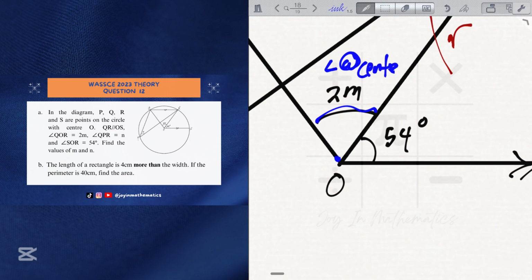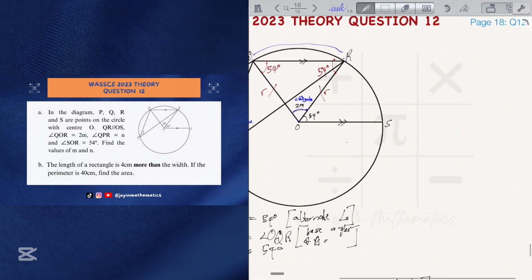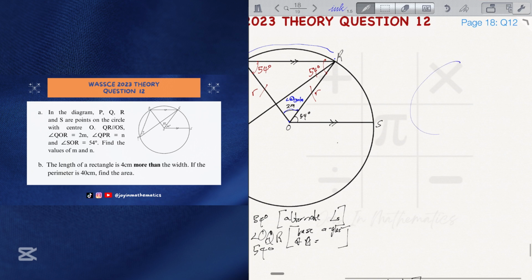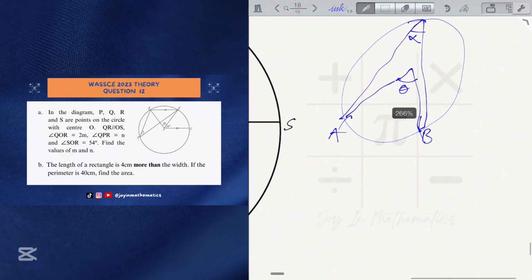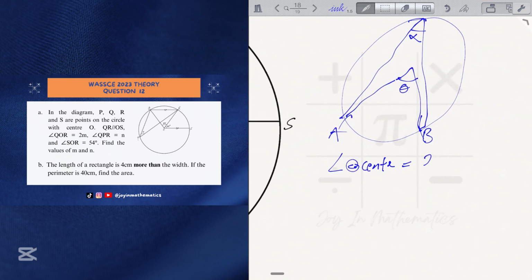Now, there is a principle in circle geometry. When we have a circle with an arc AB which projects an angle theta to the center, and the same arc projects an angle to the circumference, let's call this alpha, the angle at center is equal to 2 times the angle at circumference.